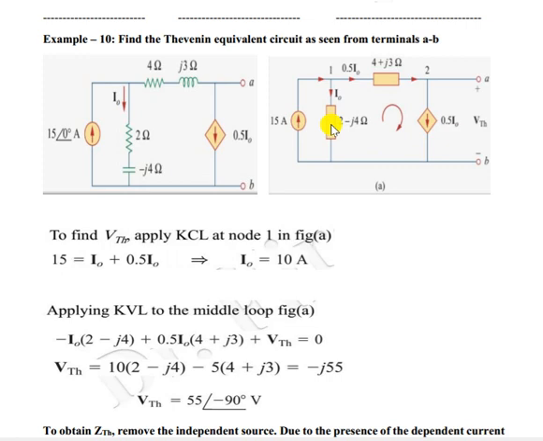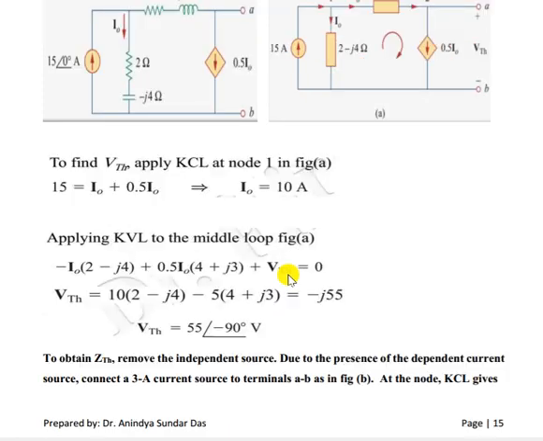So minus I0 into (2 minus J4), then this current is in the same direction, so plus 0.5 I0 into (4 plus J3), and the voltage across this is nothing but VTH. We are not considering the current source here. So we can find out VTH by solving this, as we know the value of I0. VTH we got as minus J55, that means 55 at angle minus 90 degrees.